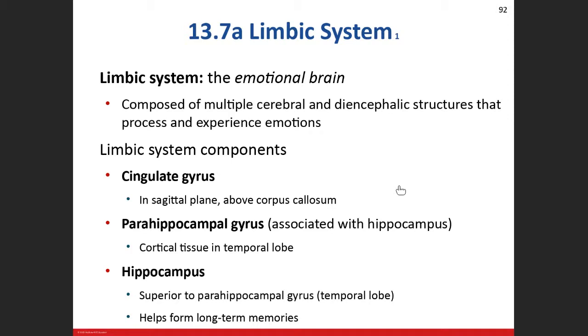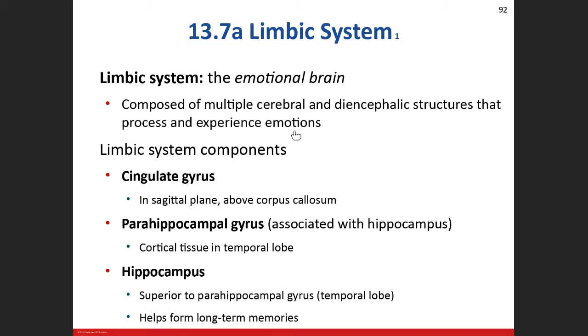The limbic system is composed of multiple cerebral and diencephalic structures that collectively process and experience our emotion. The limbic system has different parts. It is sometimes referred to as the emotional brain.